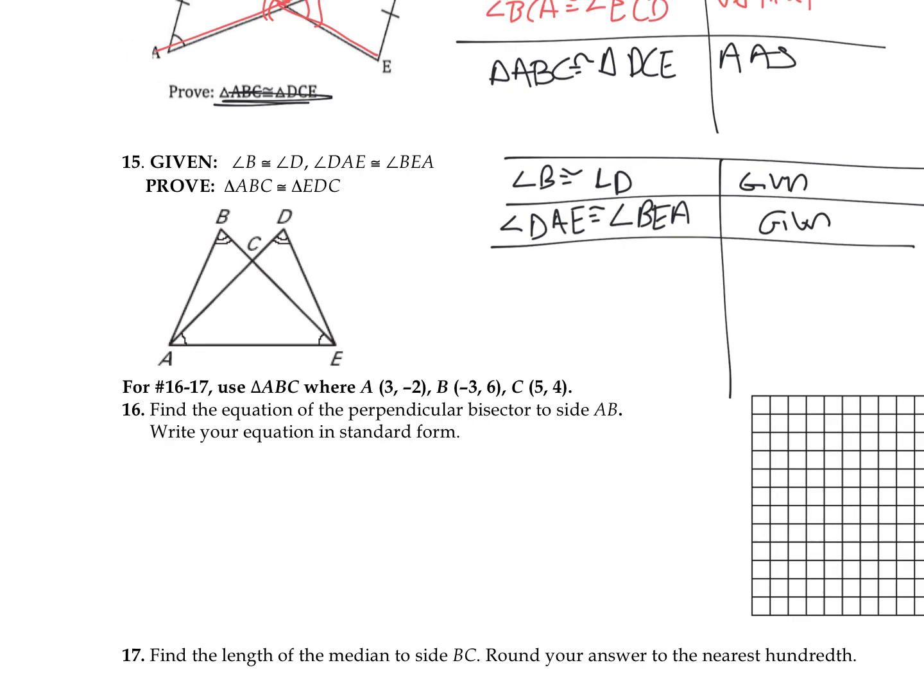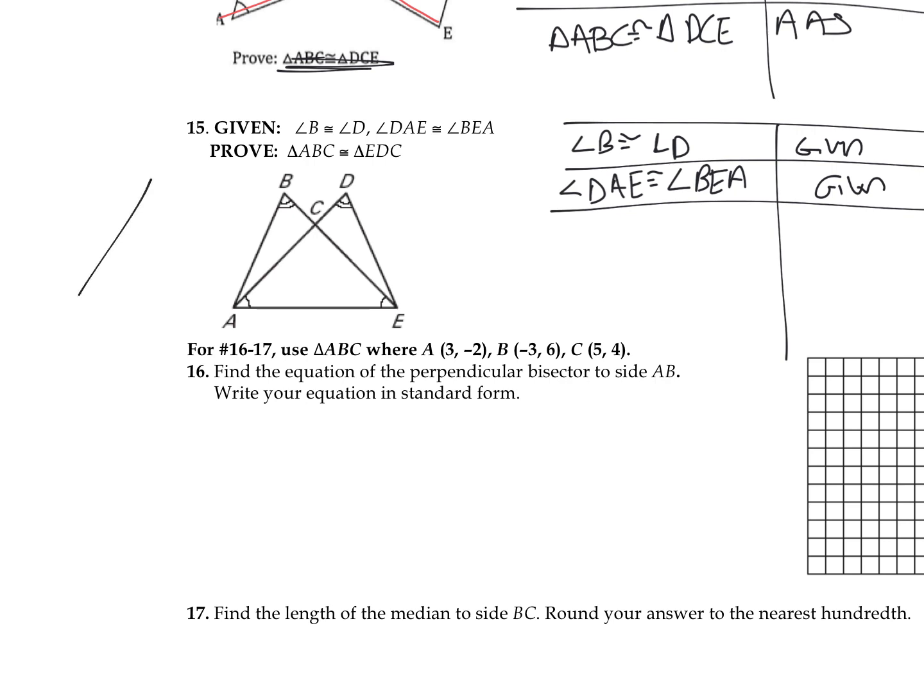Now, if I want to look at the actual diagrams themselves, we have that this triangle here, sorry, the markings are a little bit tough. So we have BEA. There we go. And on this one, we have DAE. I have referenced my paper because the diagrams are a little bit tough to see.